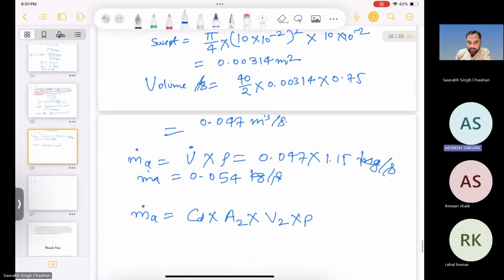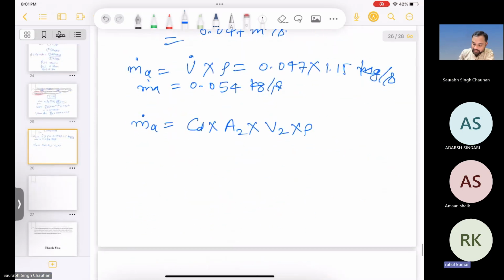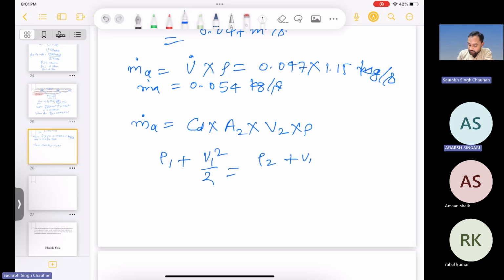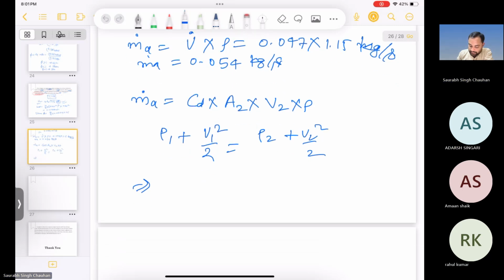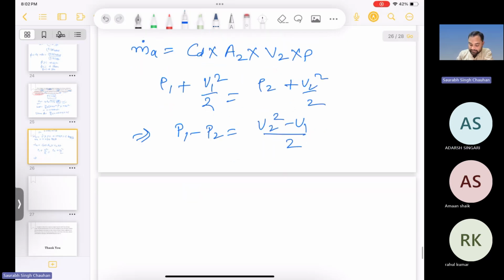And if you use the Bernoulli equation as you are saying, then it will be P1 plus V1 square by 2 equal to P2 plus V2 square by 2. So P1 minus P2 equals V2 square minus V1 square by 2, right?